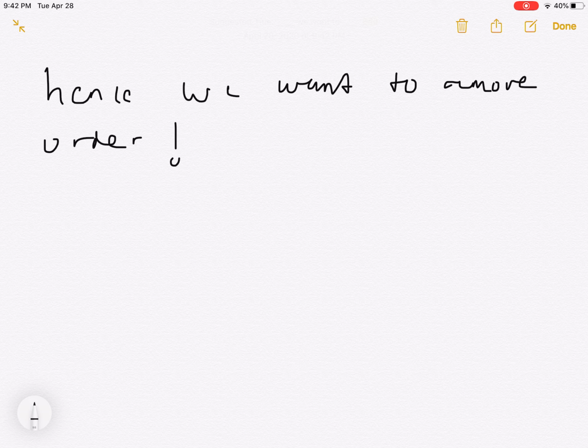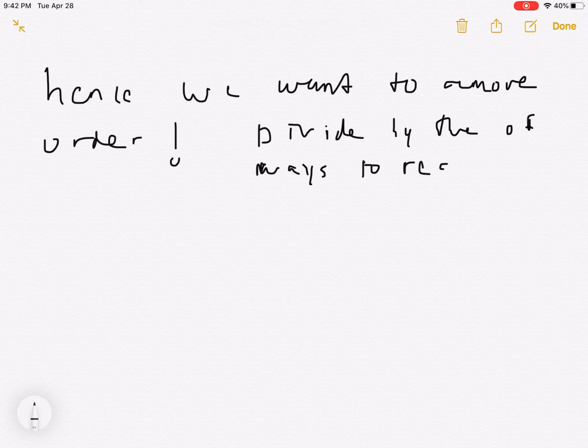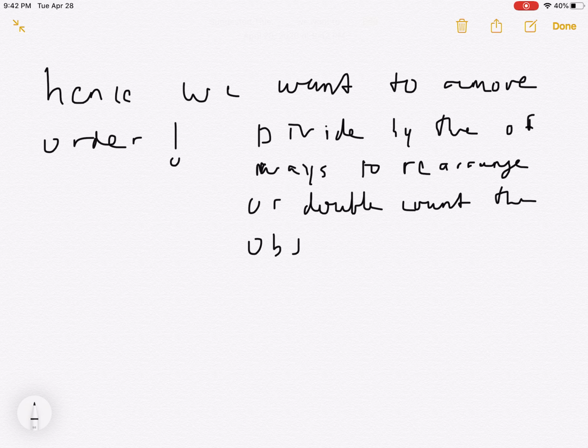Okay, and if we remove order, well, that means we divide by the number of ways to rearrange or double count the objects. And that's 3 factorial because there's 3 positions.